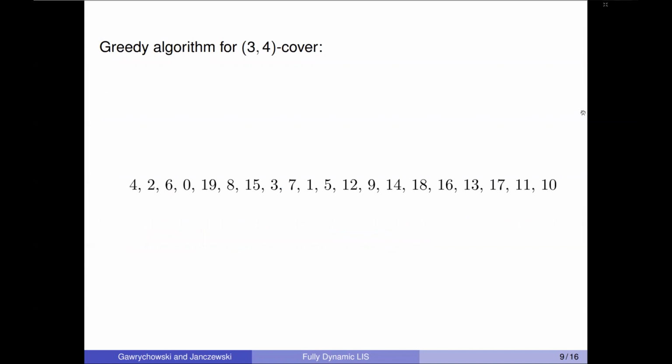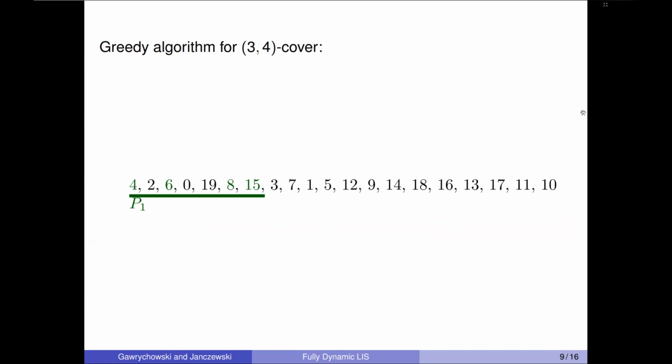So let's say that we are interested in computing a 3-4 cover for such an array as presented on this slide. And by a greedy approach, I mean that we scan the array from the left and we find the shortest prefix containing an increasing subsequence of length 4. And we promised that we will cover such a subarray.